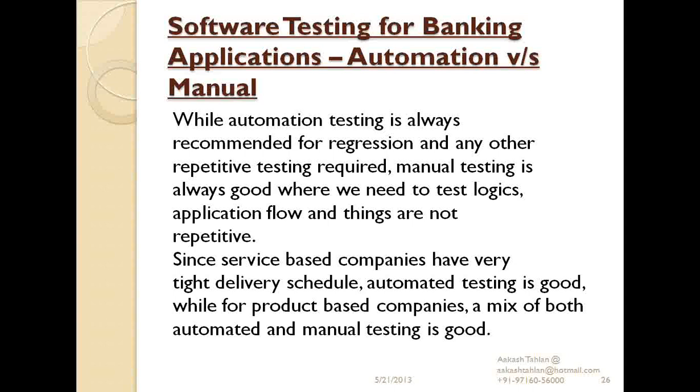And since the service-based industry is in a hurry and has very tight delivery schedules, they force service-based banking software companies to adopt automated ways as much as they can.